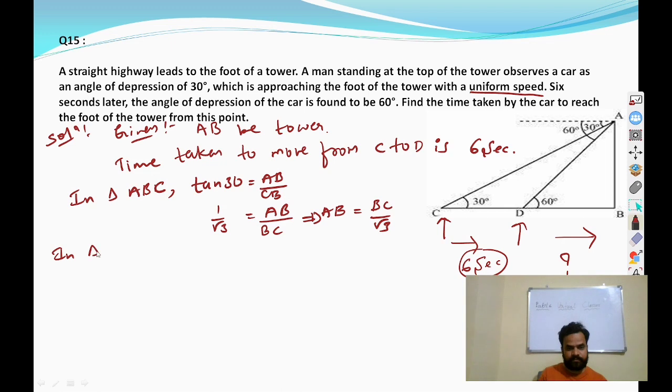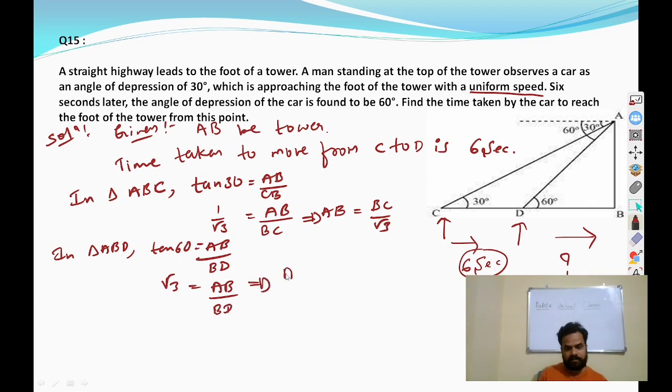In triangle ABD, tan 60 is equal to AB by BD. Tan 60 value is root 3, equal to AB by BD.